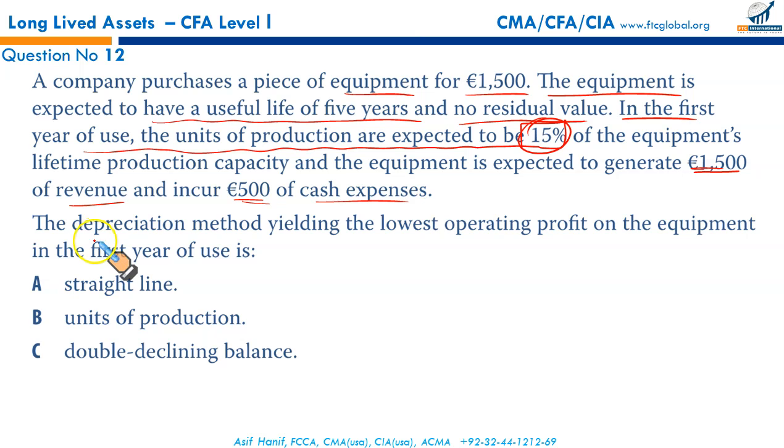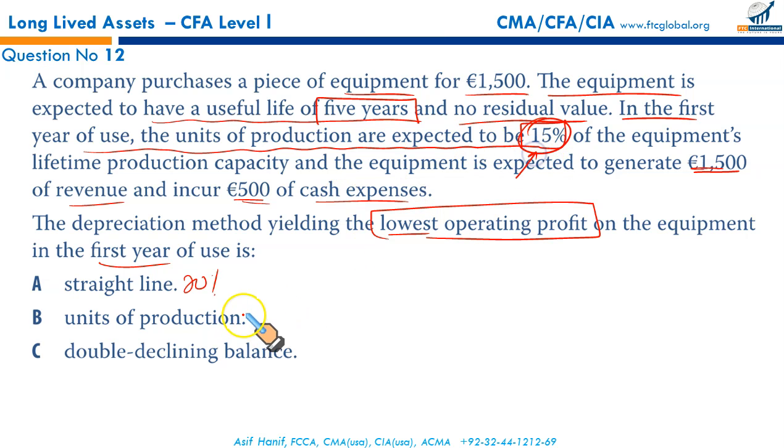Which depreciation method yields the lowest operating profit? That method will give you the lowest operating profit that results in the highest depreciation in the first year of use. First of all, this asset is expected to last 5 years. So under the straight line method, 1 upon 5 means the depreciation percentage will be 20%. Under the units of production method, he has given you the percentage, that is 15%.